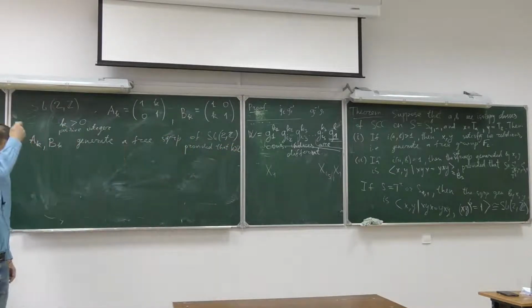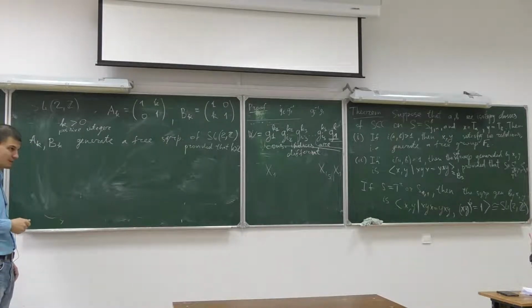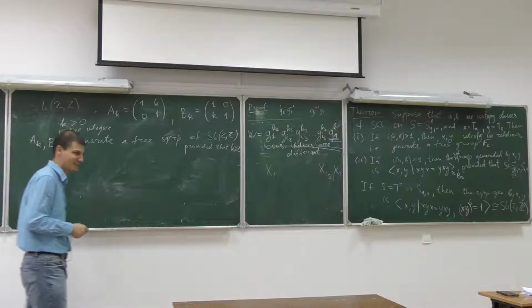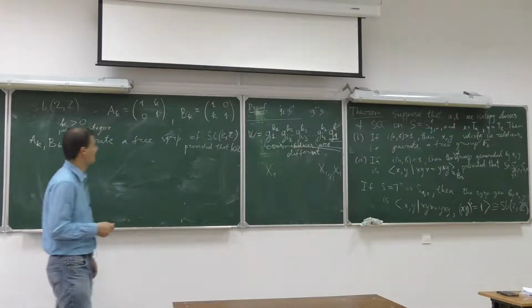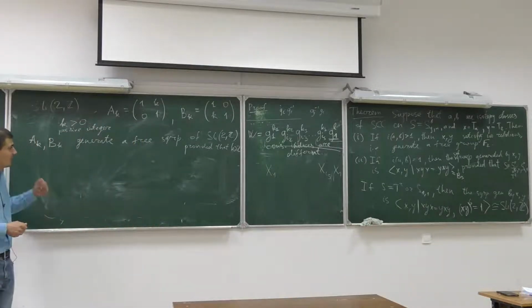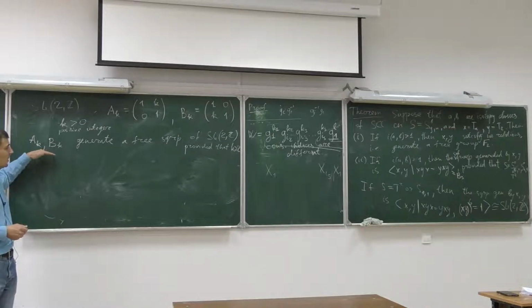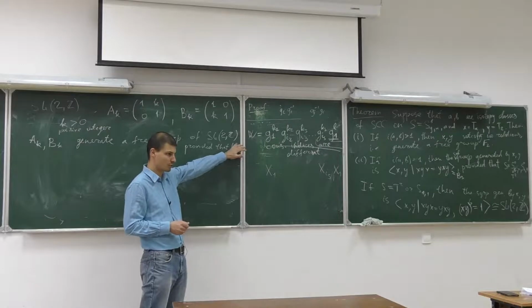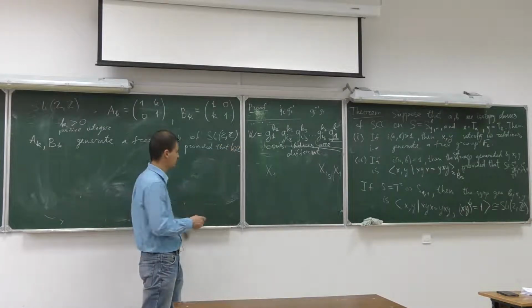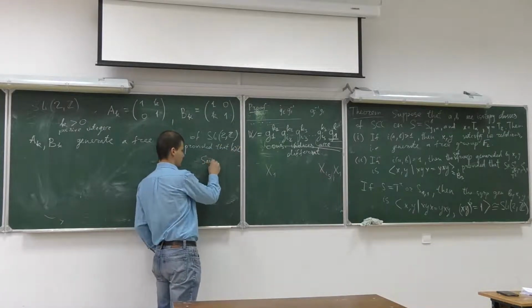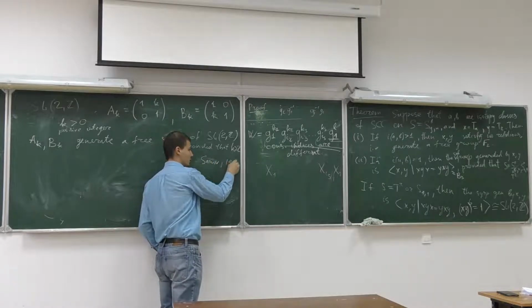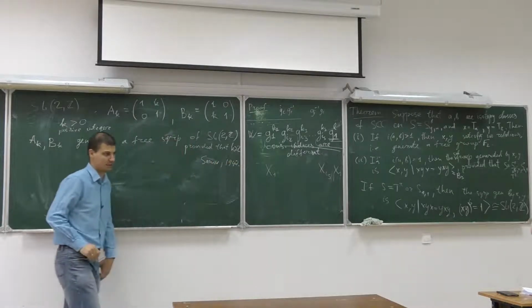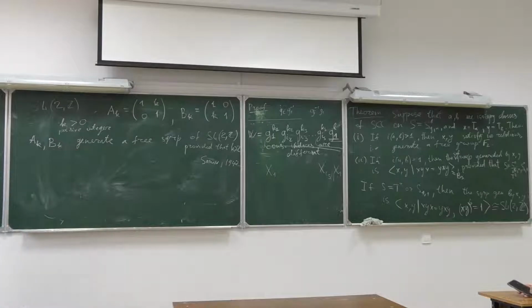If k is 1, then this is the standard generating set, and then yes, this is not true. Okay. First, this was proved for k equals 2. This was proved by Sanov in 1947, and this is the famous Sanov subgroup of SL2Z.